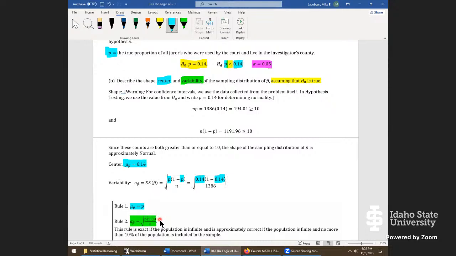This is the true variability, or the true standard deviation, of that statistic p hat, assuming, once again, the null hypothesis is really true. If it's patently false, we're going to find out very, very soon, because the more false this is, the more incompatible it becomes with our data, and our p-value is going to become larger and larger because of it. But finally, let's go and get a value out to the calculator for this thing.